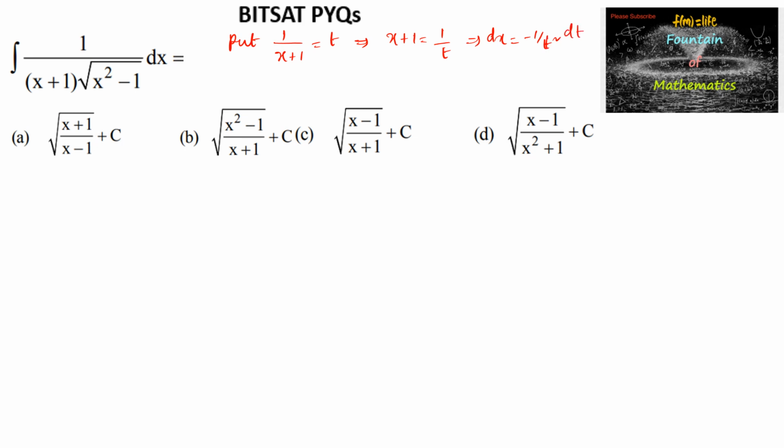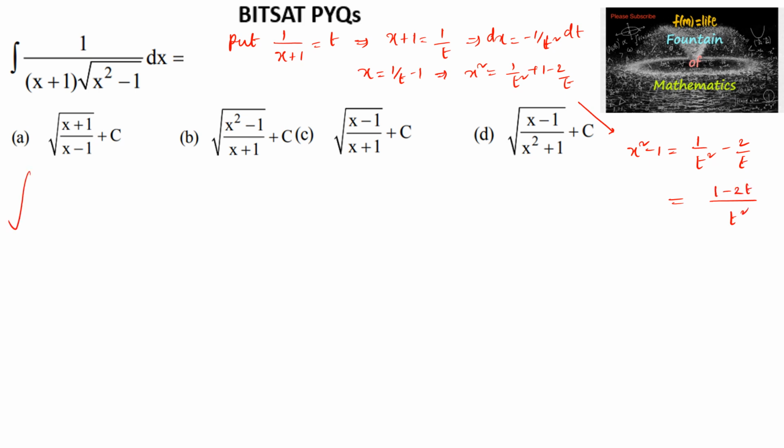And also x is equal to 1 upon t minus 1. So x square is equal to 1 by t square plus 1 minus 2 upon t, so that we can write x square minus 1 is equal to 1 upon t square minus 2 upon t, or we can take LCM t square: (1 minus 2t) upon t square.